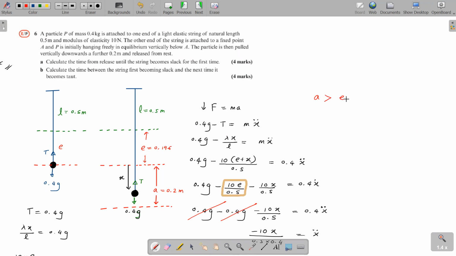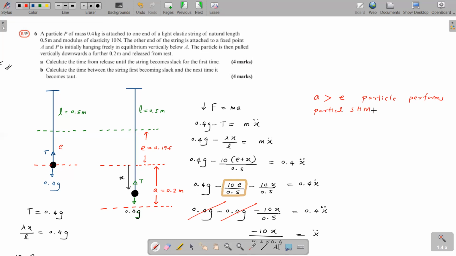We have partial SHM because the amplitude is greater than the E value. So the particle doesn't perform complete SHM. Remember, SHM is only performed while the string is taut. Partial SHM means it only performs SHM while the string is taut.